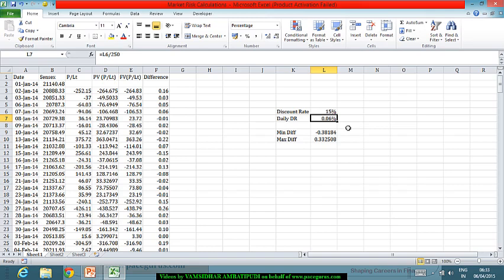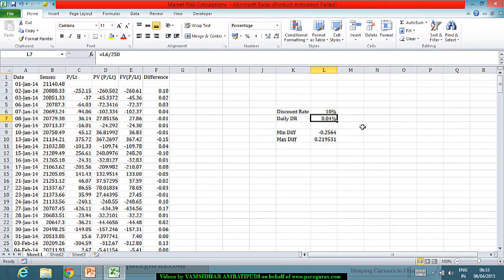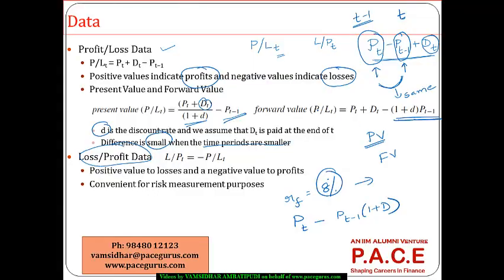So first of all, as the discount rate is increasing, we see that there is a difference between the present value and the future value approach. It increases with the discount rate, and along with that, if the time period is changing, even that would impact the discount rates. So that's one thing which we have to understand.